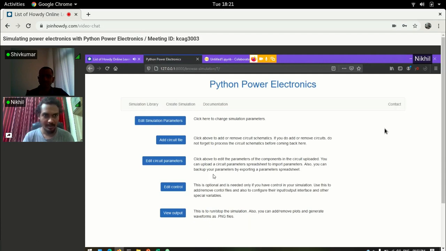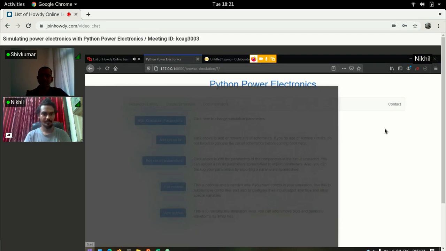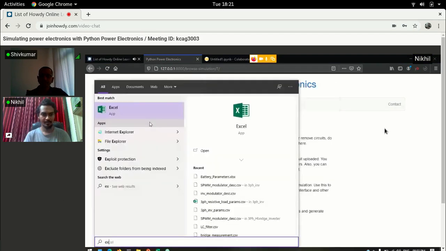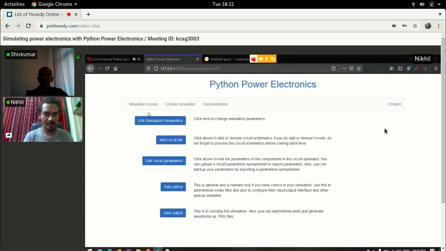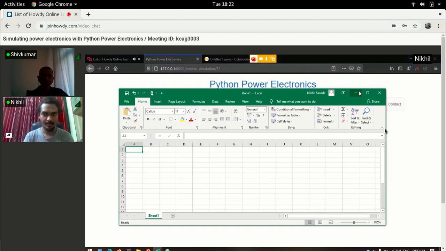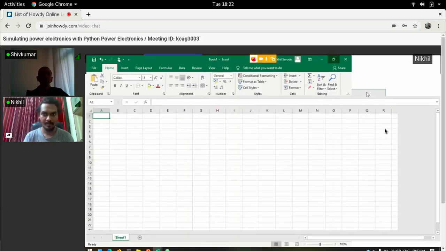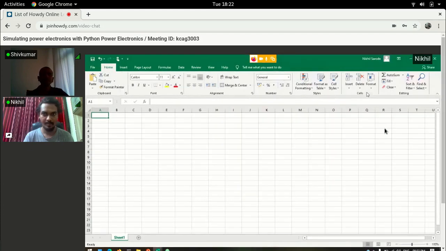Now you can start with the circuit file. You can add a circuit file and go over to a spreadsheet. Since it's a 4.2 volt battery, let us choose a 5 volt DC voltage source.